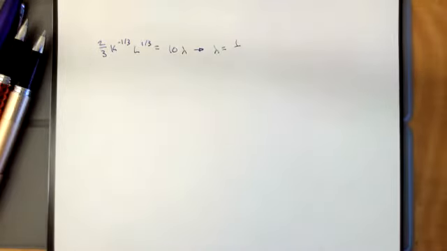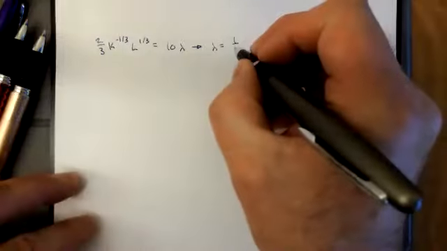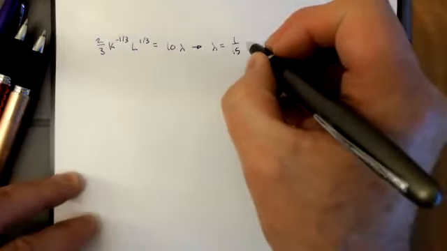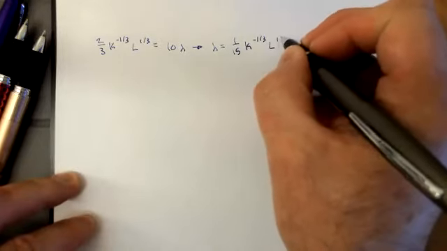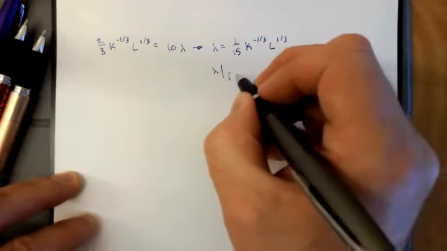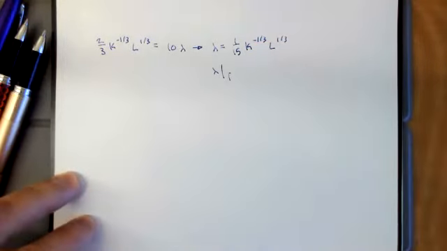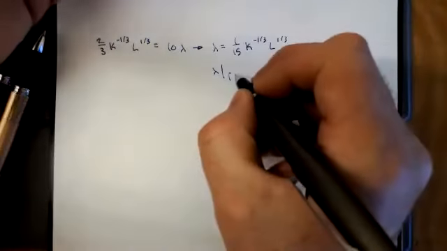Oh man, I had expressions for lambda. Jeez. Doing it all over again. 1/15 k to the negative 1/3 L to the 1/3. So lambda evaluated at our point, 4 capital and 5 labor.